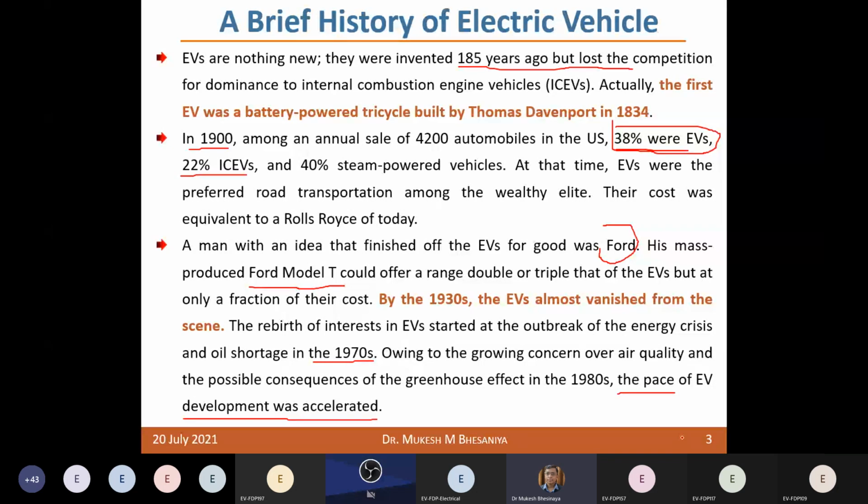Typically, if you talk about a simple passenger car under urban driving with air conditioning, say, the EV can travel around 120 kilometers per charge. That may be more than that, say around 150 or so. Whereas the conventional vehicle can offer more than 500 kilometers per refuel, right?